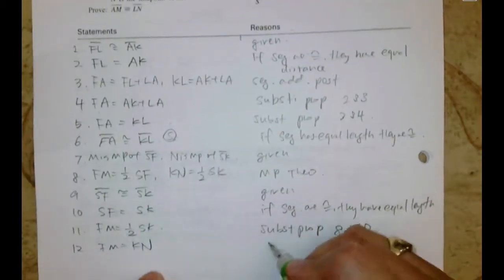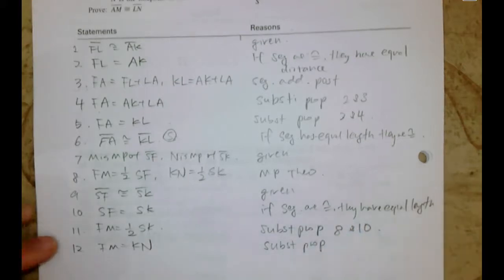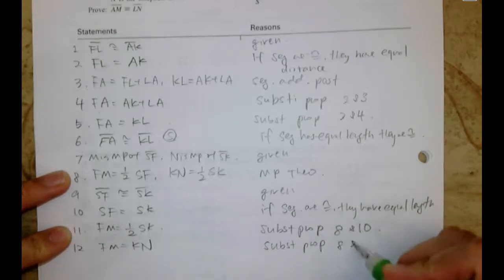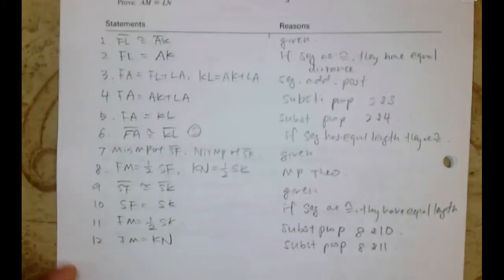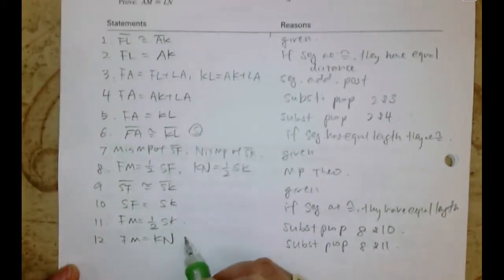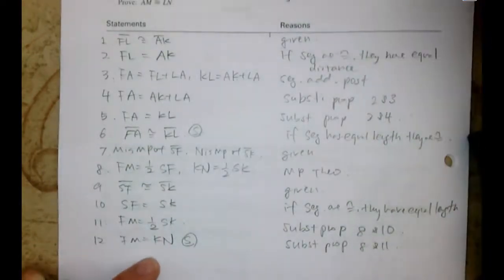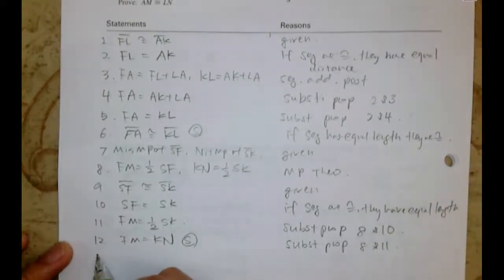So you can do that. Okay, so FM equals KN, that was 11 and 8, right? 8 and 11. Okay, and so that was the side. Wait, FM is KN. Yeah, that's the corresponding order. All right.